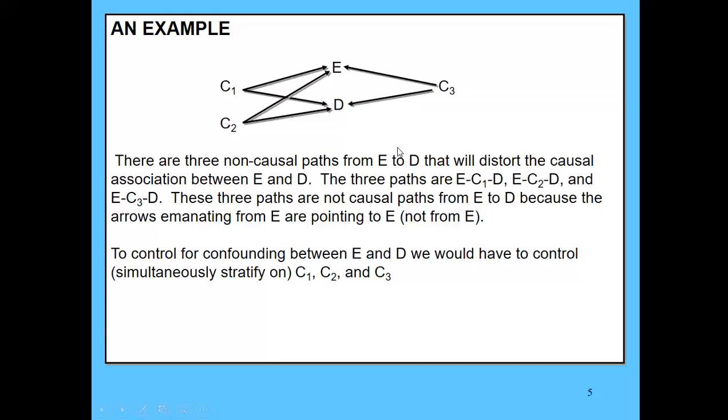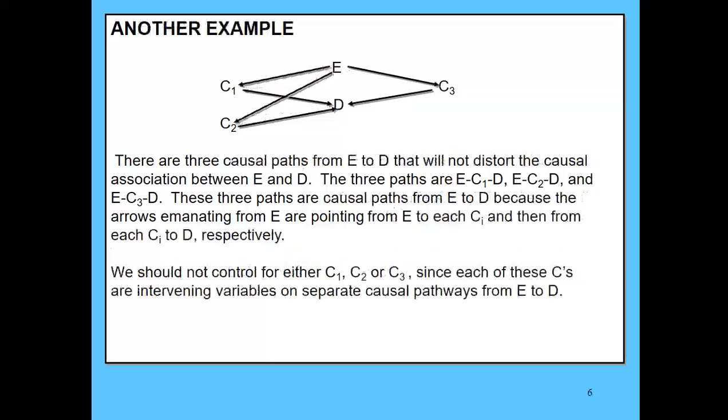So it looks like C1 is a confounder. What about C2 and C3? Same thing. This picture seems to show that these three variables you ought to consider, if that was your DAG, you want to consider controlling for all three, because it looks like they're each on their own a confounder. Now, how that works when you try to put them all in the same model is something else. But you look at this DAG, it gives you an idea of how to proceed.